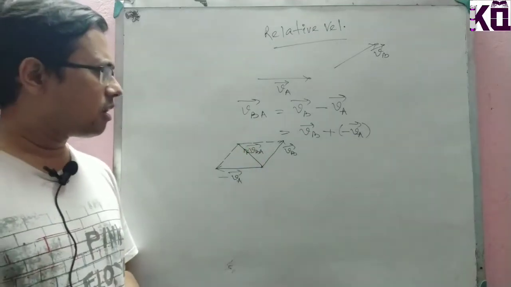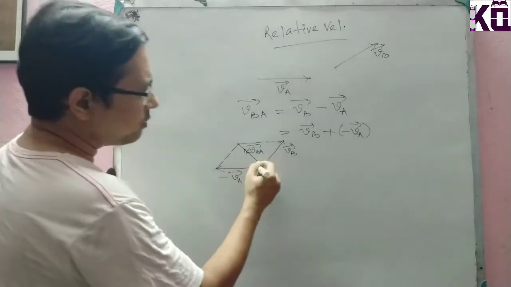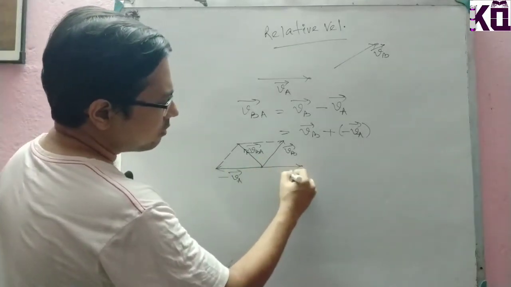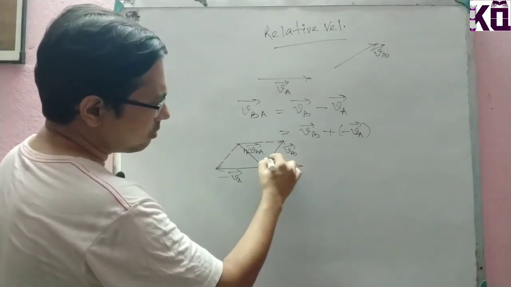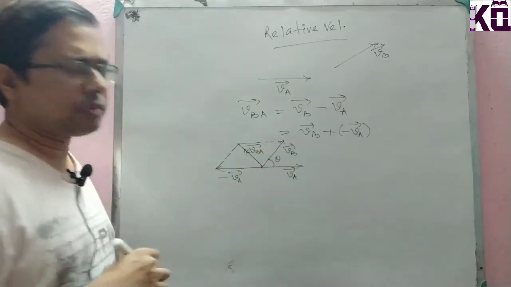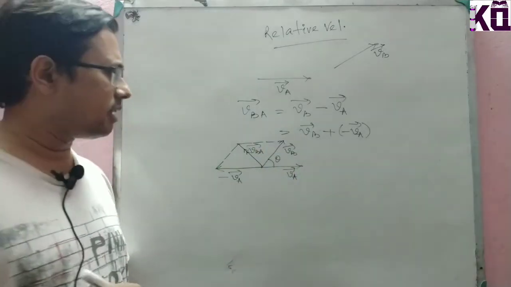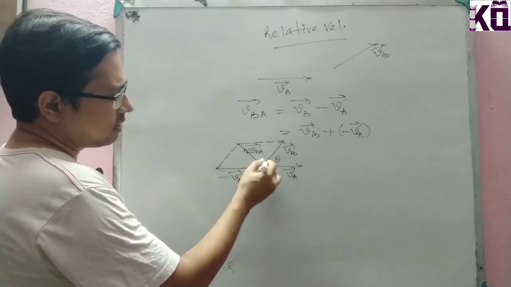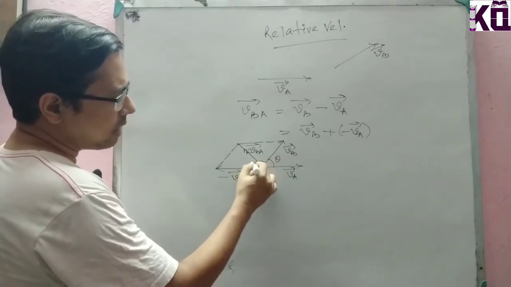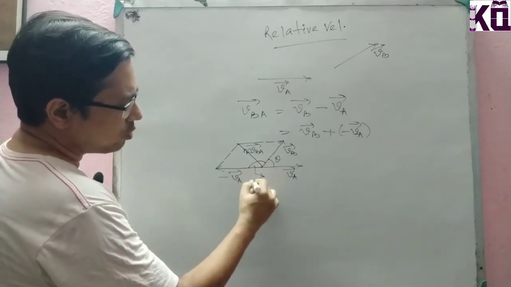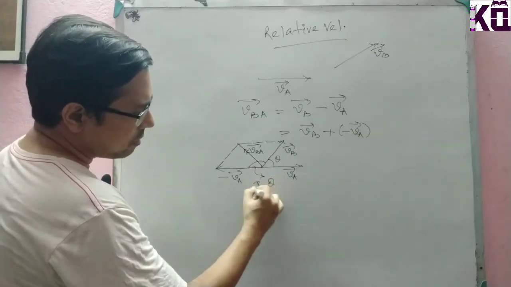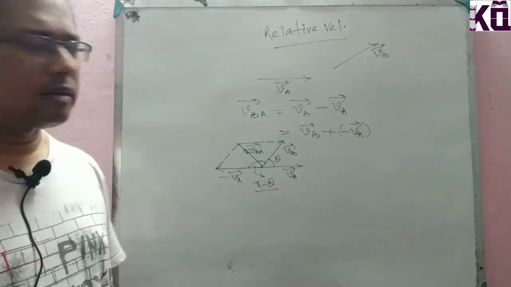Already we have identified, if VB and VA are in vector form and the angle between VA and VB is theta, then the angle between VB and minus VA is pi minus theta. Pi means 180 degrees minus theta.